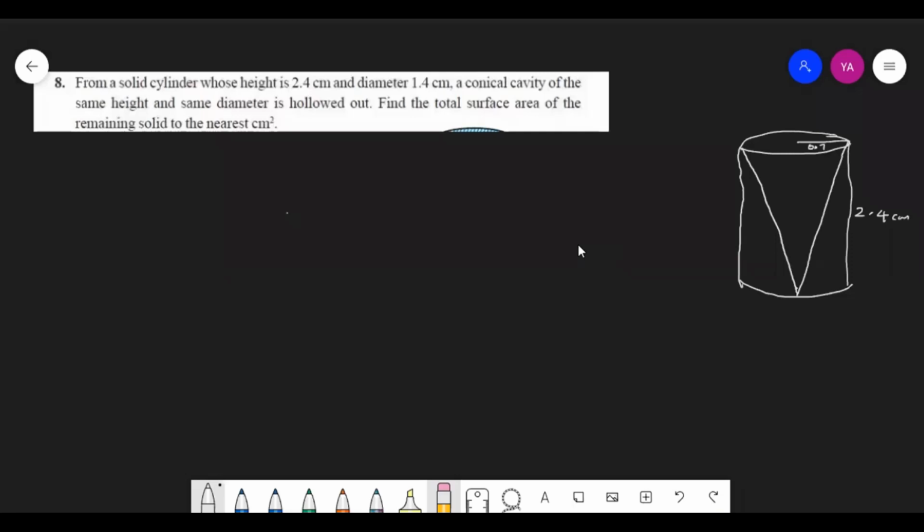So outside there will be some area, and inside there will be some area, right? Inside, this is like a glass we drink water from. Suppose this is made of wood or glass. So what will be the surface? The entire surface, inside and outside.